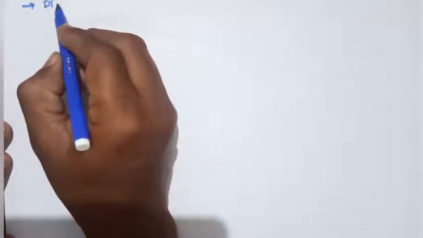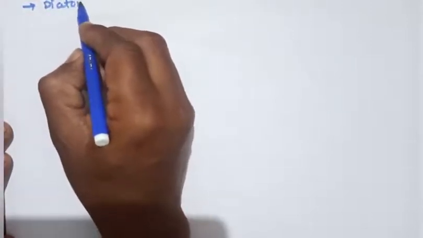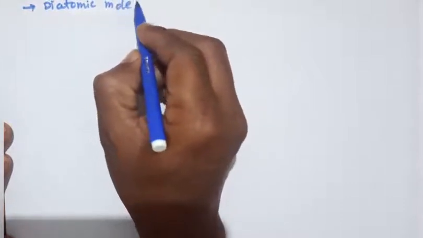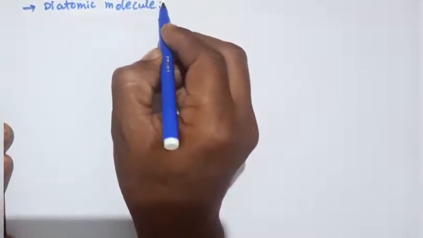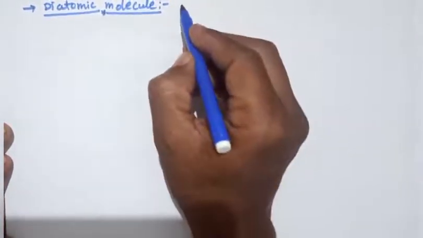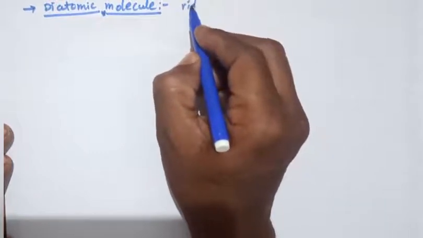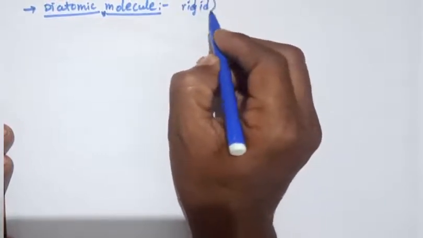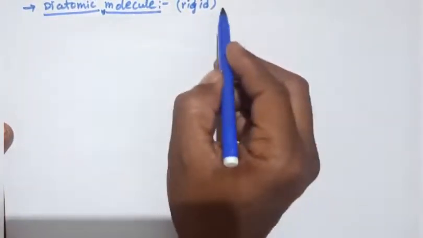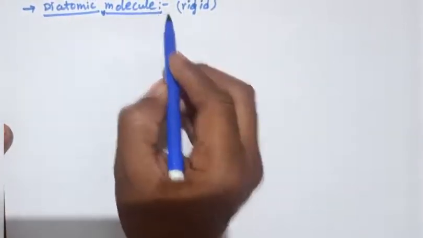Now we consider the diatomic molecule. Diatomic molecules are of two types here: first the rigid rotor, and then the non-rigid. First, the rigid diatomic molecule.